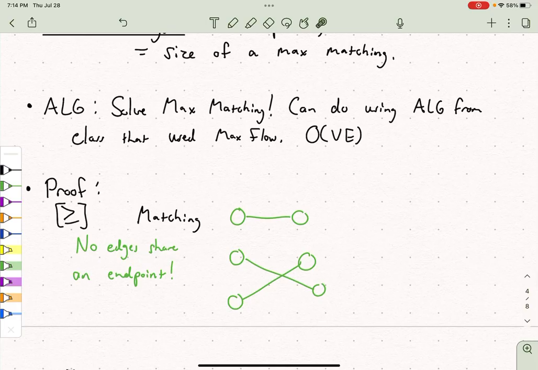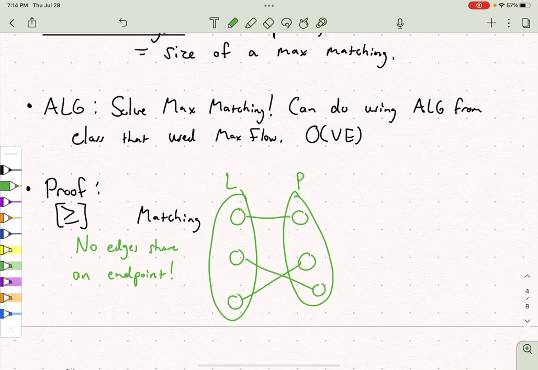So let's say you gave me any matching in our graph. So here's our graph, L and R, and I gave you these specific edges in the matching. So remember, the definition of a matching says it's a set of edges so that no two edges share an endpoint. And since they don't share an endpoint, if we want them to be covered, we have to pick at least one node that touches each of these edges.